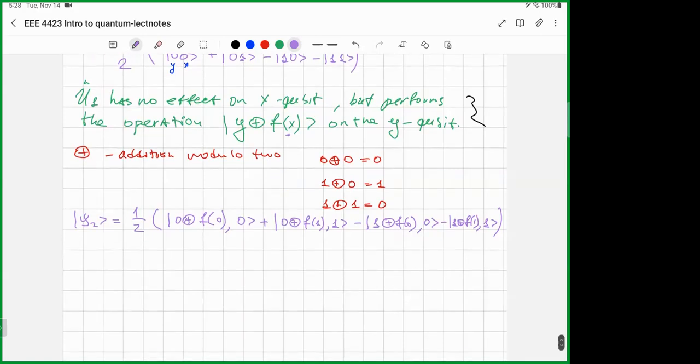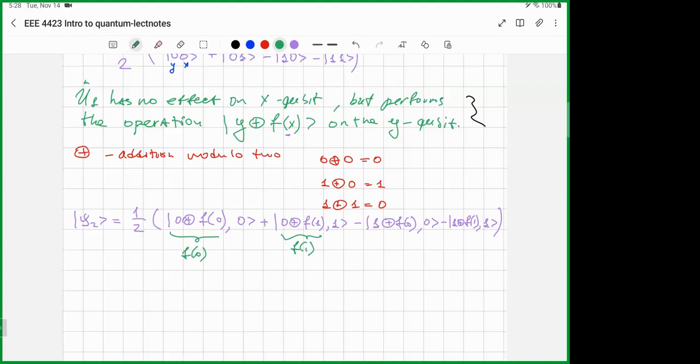So how can we simplify this? We can notice that, for example, this part 0 plus modulo 2 f(0) is just the state f(0), right? Because plus 0 doesn't change the thing, and as well as here, this is also f(1).